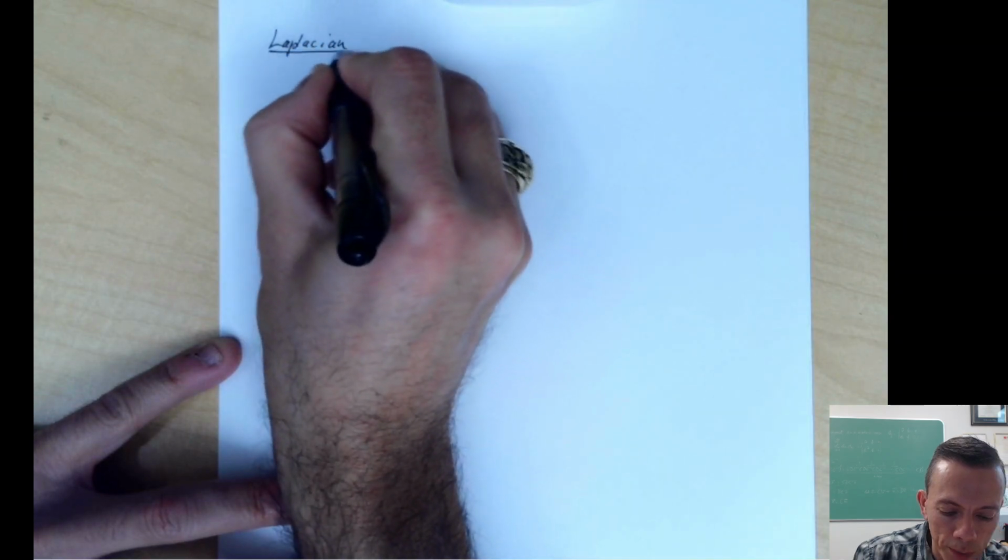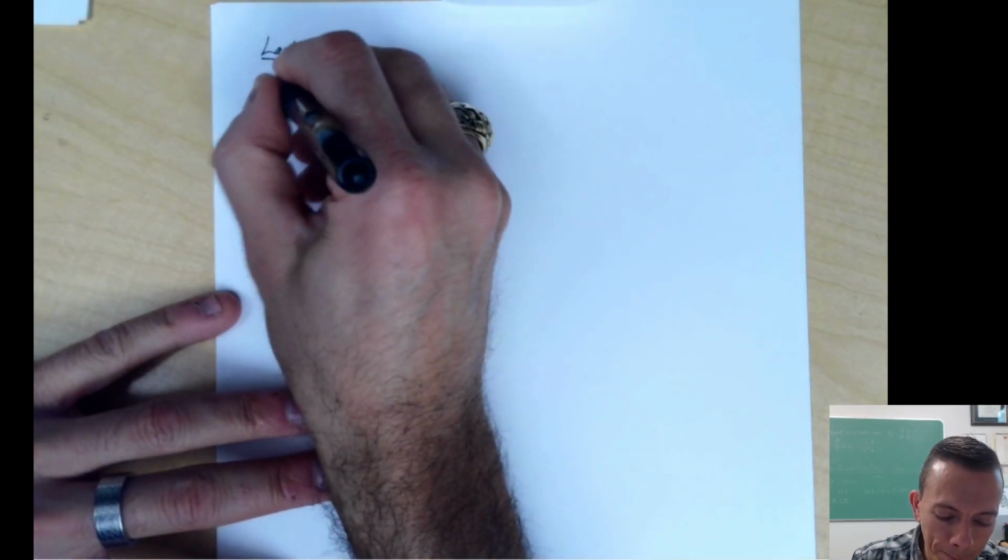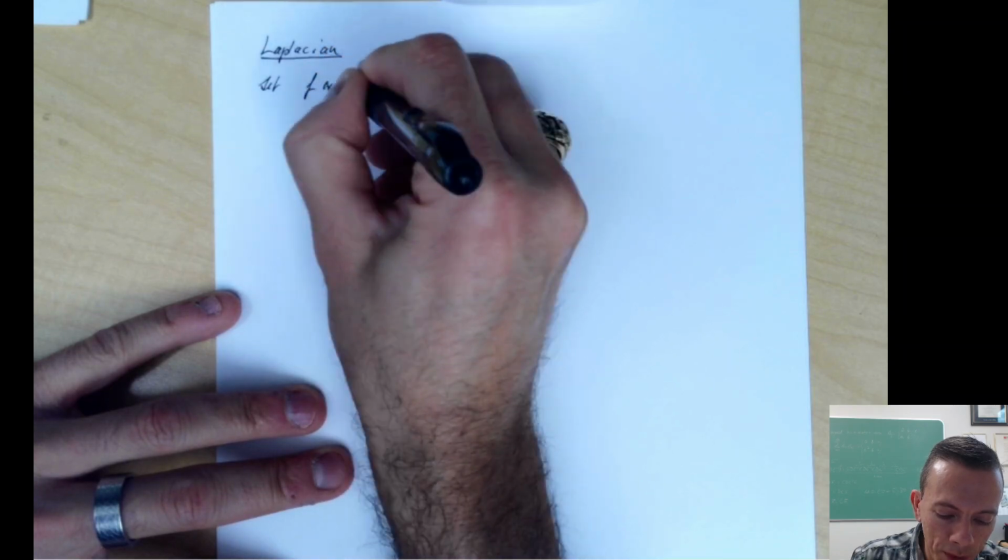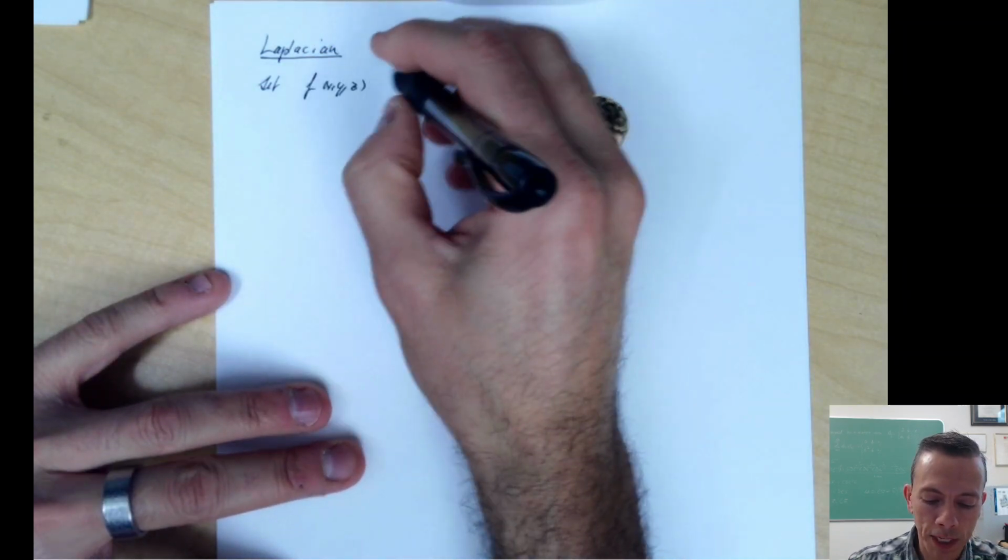And so now let's finally move to the Laplacian. So now we're starting with the scalar function f of x, y, z.